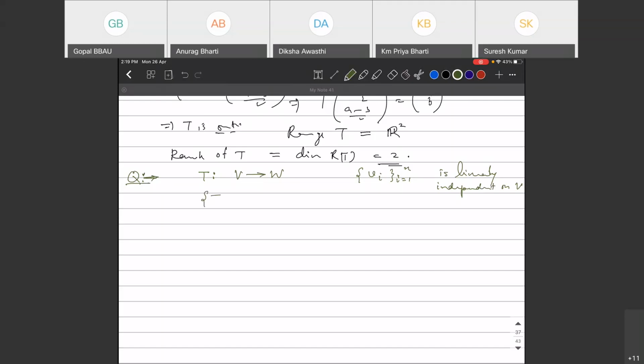So what can you say about T(v_1)? So T(v_i), i equal to 1 to n, is it linearly independent? Is this linearly independent?